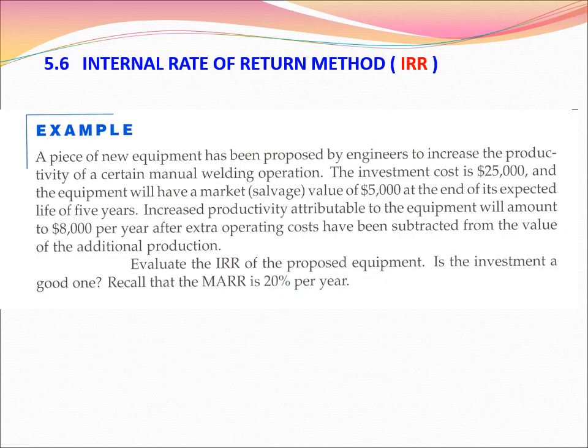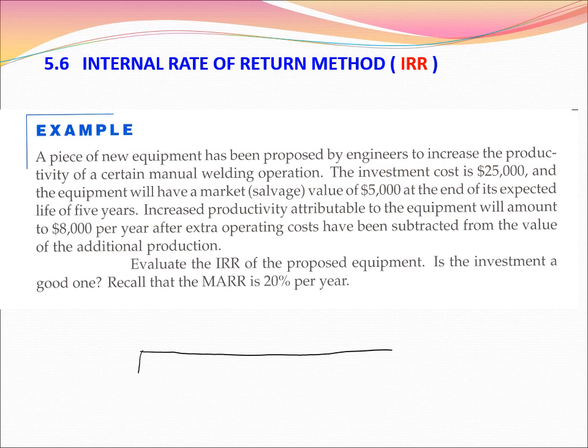Another example to demonstrate how we use this MAR and how we calculate IRR, sorry. It says that a piece of new equipment has been proposed by engineers to increase the productivity of a certain manual welding operation. Okay. The investment cost is 25,000. Again, in these projects, we usually have similar cash flows.